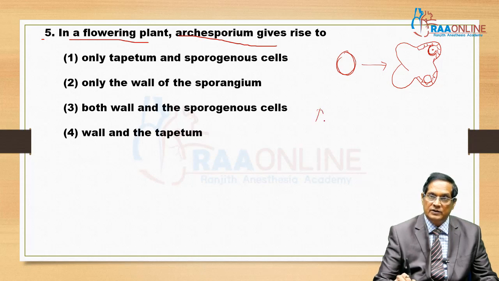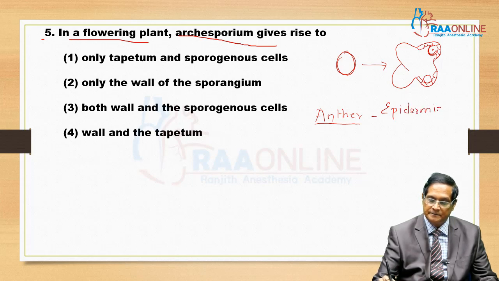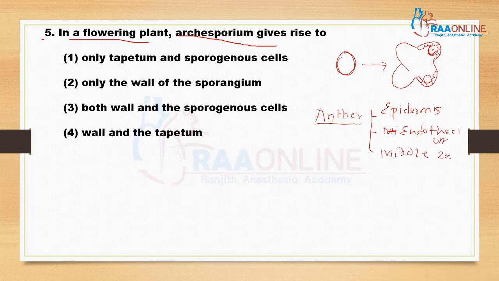The anther actually has four wall layers. Number one, the epidermis, is present since the birth of the anther. The other layers are the endothecium next to the epidermis, then the middle layers, two or three of them, and the innermost layer is the tapetum.